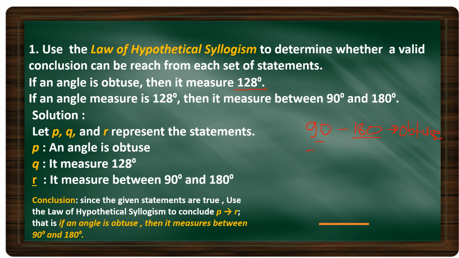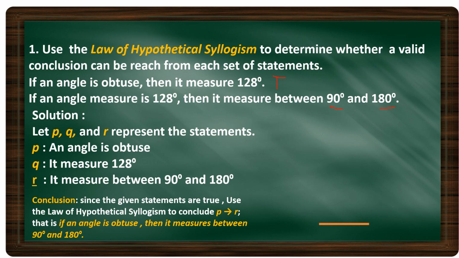Or pwede rin po, that is greater than 90 but less than 180 degrees. Pero mas madali natin ma-identify kung ang ating titingnan ay it should be in between 90 and 180 degrees. And therefore, yung unang statement natin is true, which is your P, or your conditional statement.